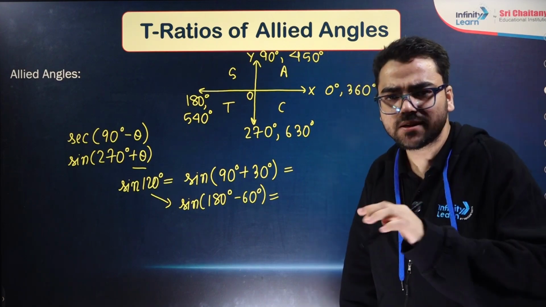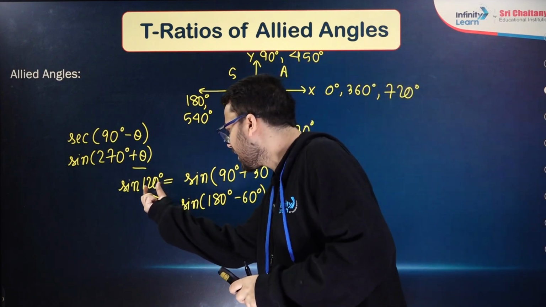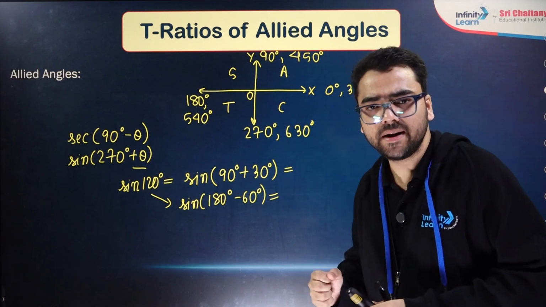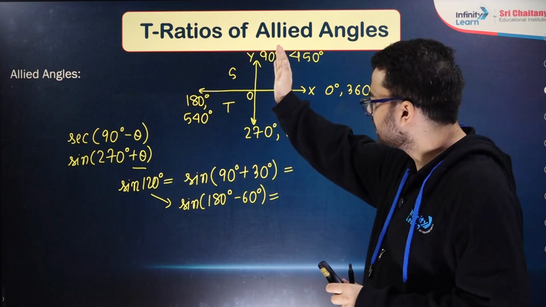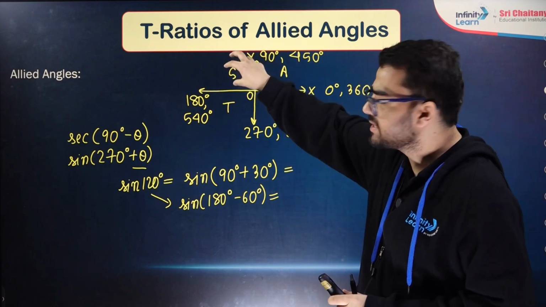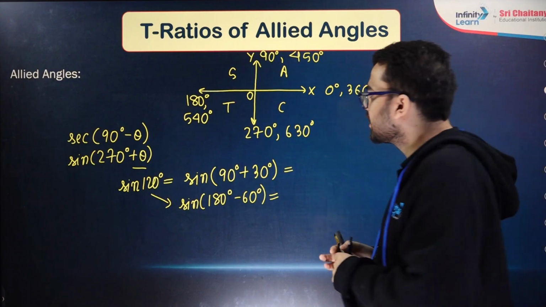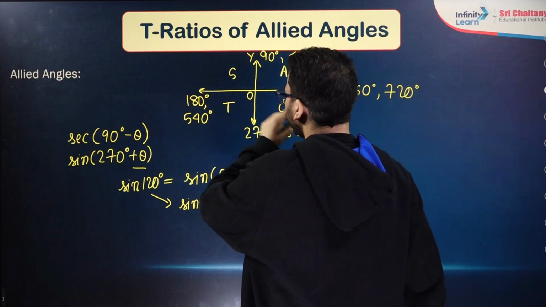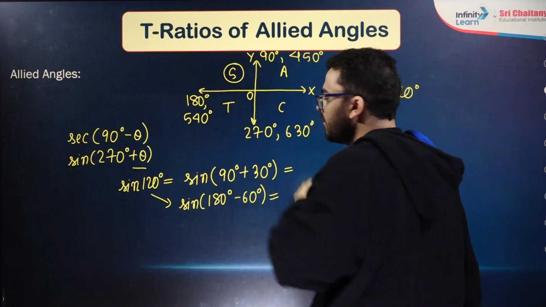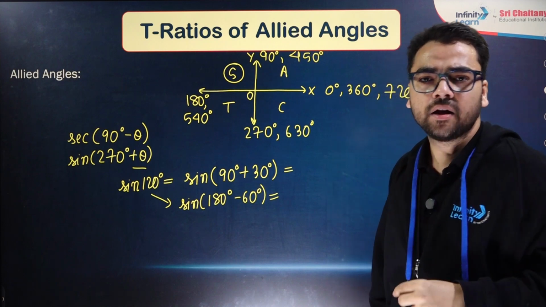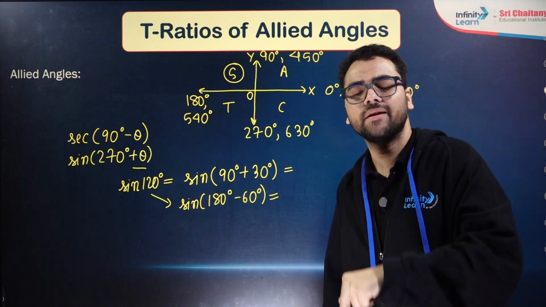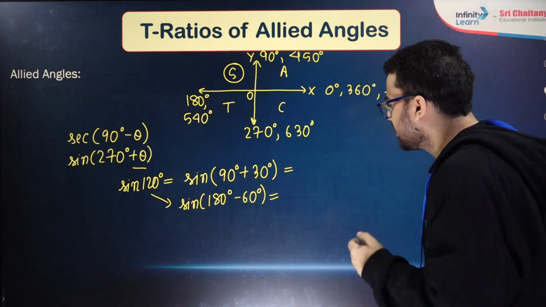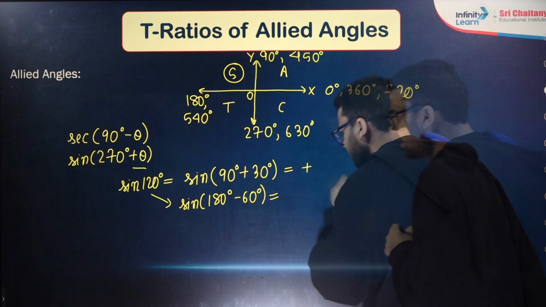Okay. Now what is the first thing? First thing is the angle is 120 degrees. 120 is in which quadrant? You see, 90 plus 30. It is in the second quadrant. So when the angle is in the second quadrant, S for sine and its reciprocal cosec is positive and all other trigonometric ratios are negative. So the answer will be positive. Correct?